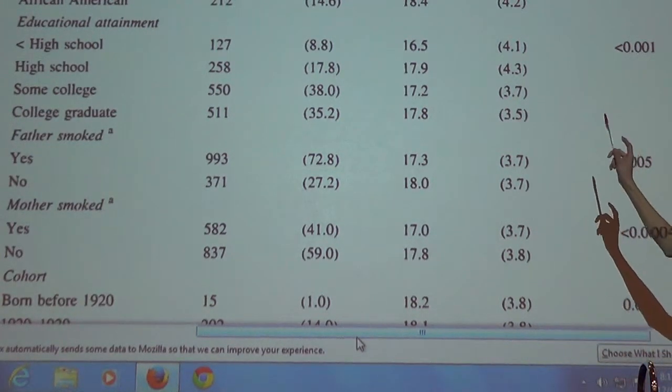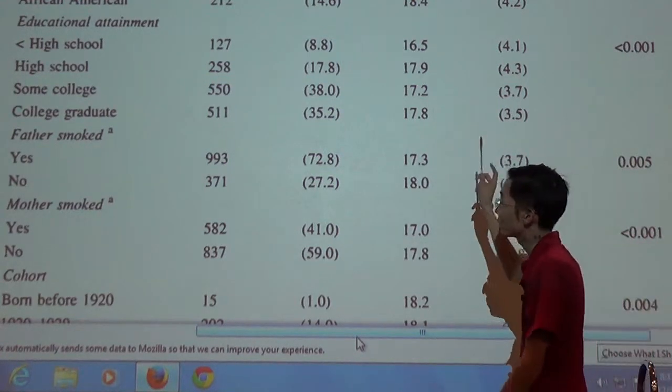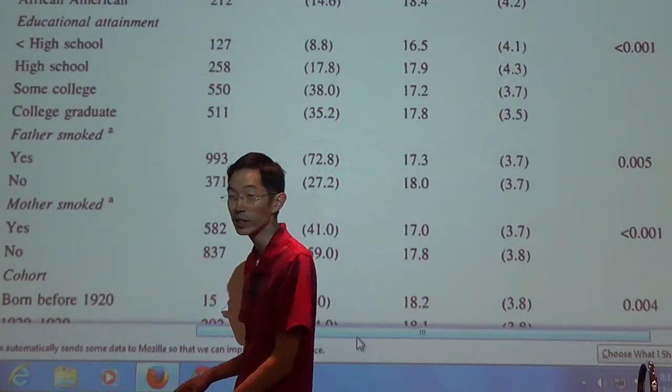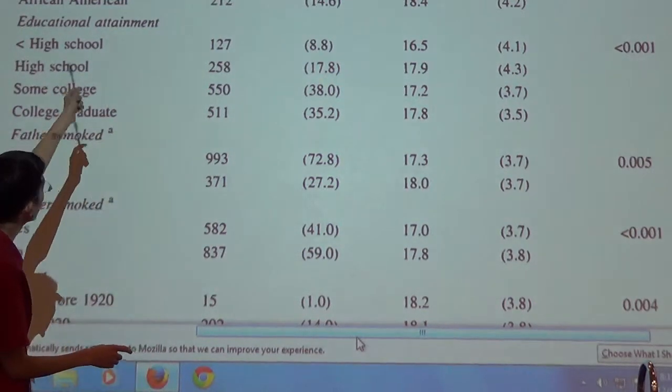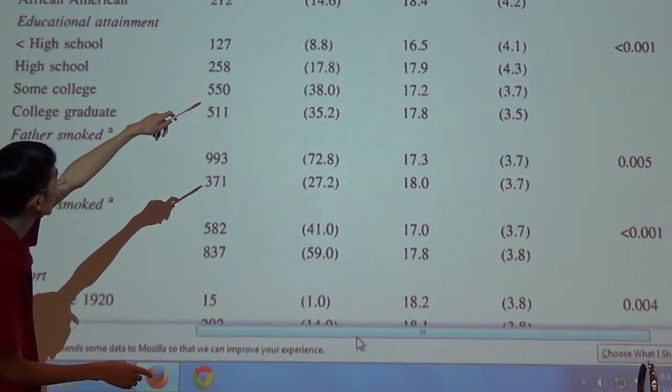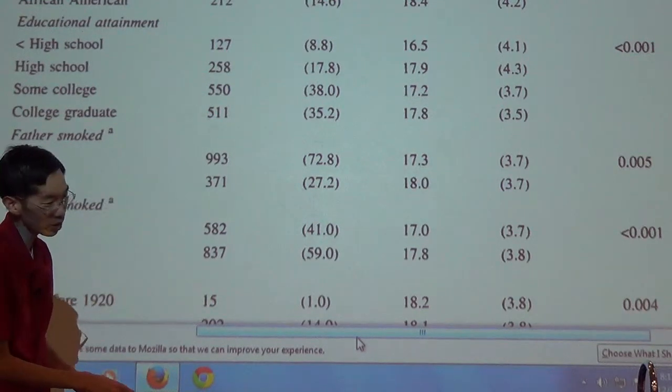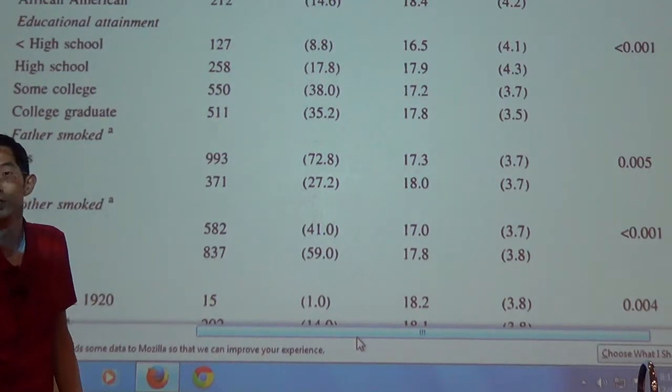But again, the weakness with ANOVA is that, even with ethnicity, we don't know which group is the group that's different.